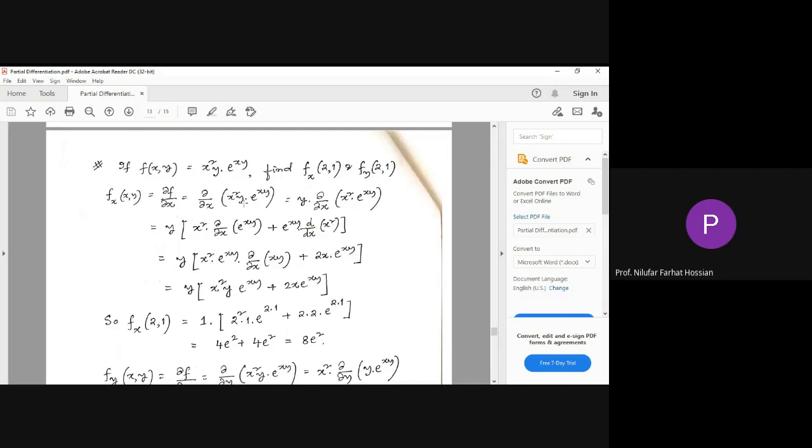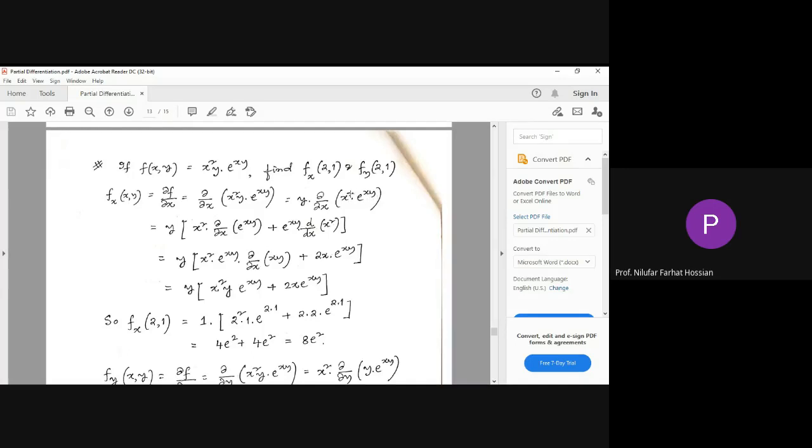So you see, actually there are three factors. One is x square, the second factor is y, and the third factor is e to the power xy. You see the second factor y, this should be treated as a constant because you are performing the partial differentiation with respect to x. So it should be what? Y into, you can take this y outside the differentiation. Y into del x of x square into e to the power xy. So y into this whole thing, you see this is a product of two functions, x square and e to the power xy.